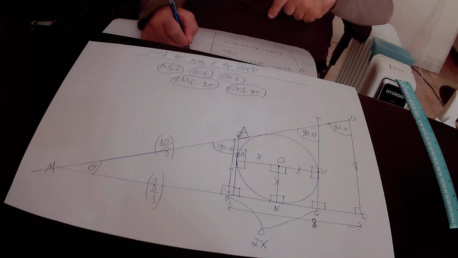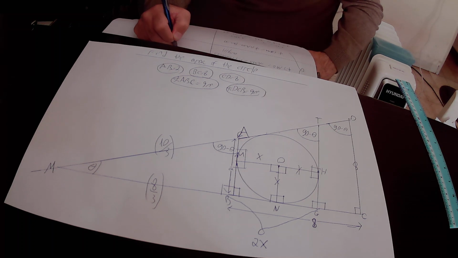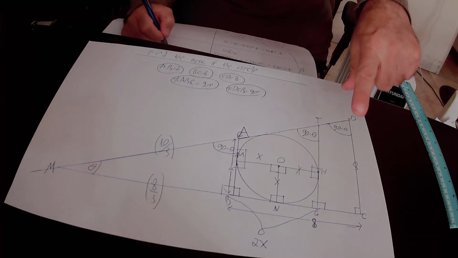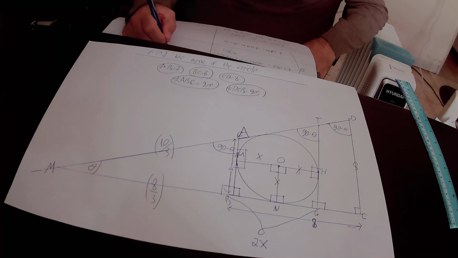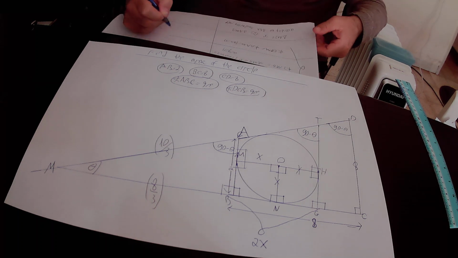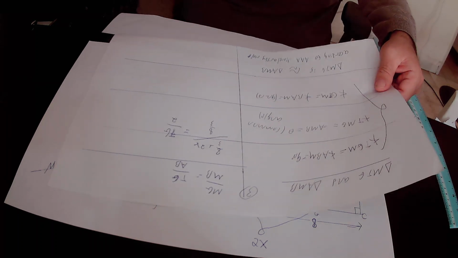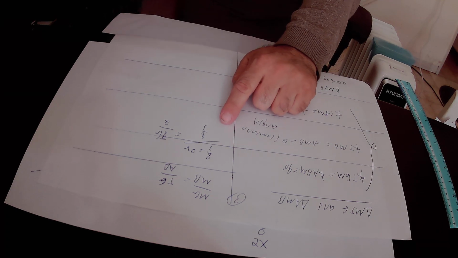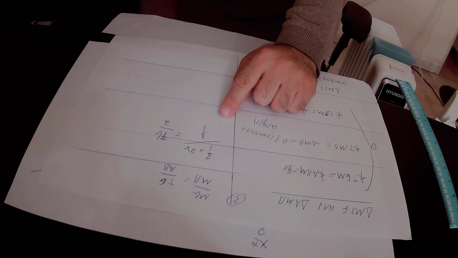MB is 8 over 3. And it is equal to TG. TG is unknown, so we leave it as it is, over AB. AB is 2, so we substitute AB by 2. So in conclusion, we found out that 8 over 3 plus 2x over 8 over 3 equals TG over 2.